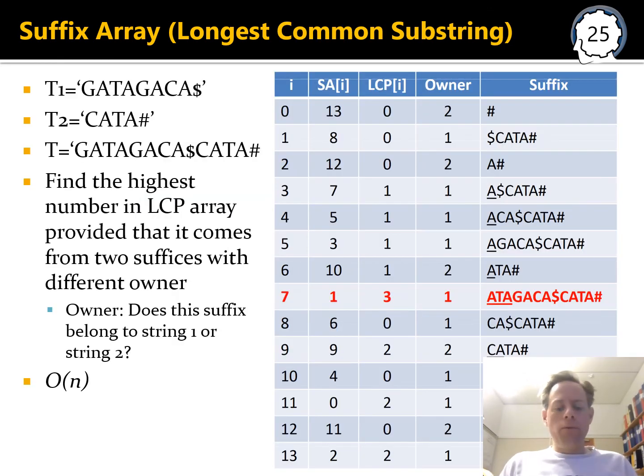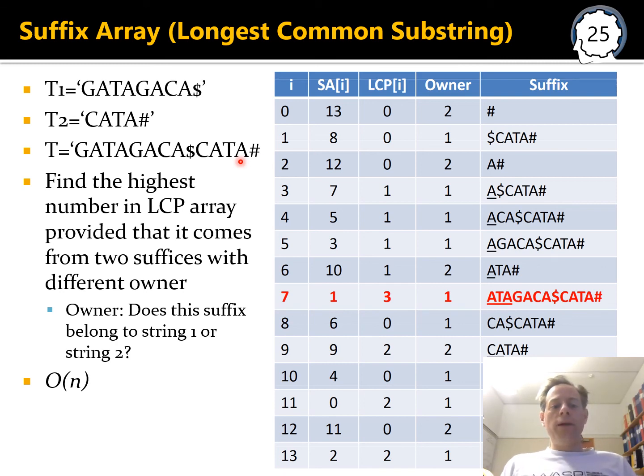And then we have the problem of finding the longest common substring. So again, we do as we did with the suffix trees. We take the 2 strings that we want to find the longest common substring between. We concatenate them, and then we build a suffix array from this concatenated string.